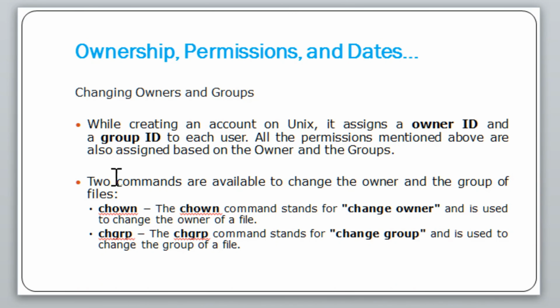Okay? So two commands are available to change the owner and the group of files. chown, or change owner, is used to change the owner of a file. And then we also have chgrp, or change group, which is used to change the group of a file.